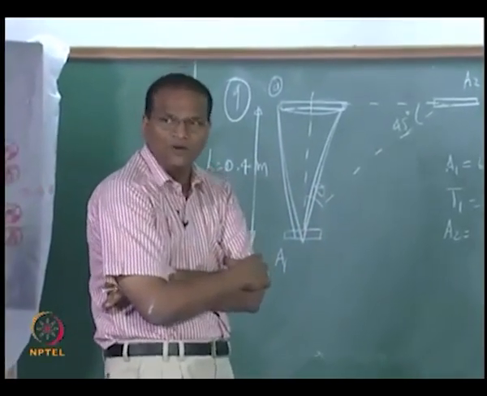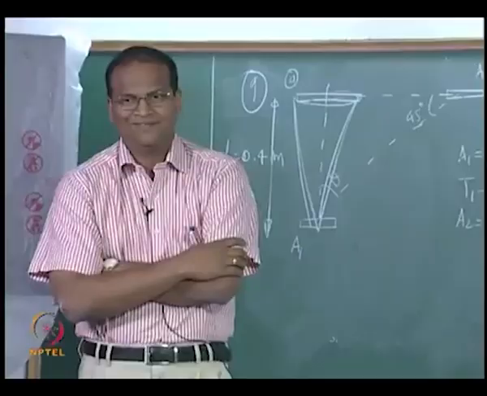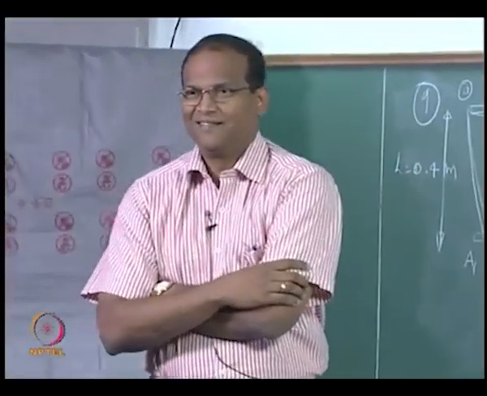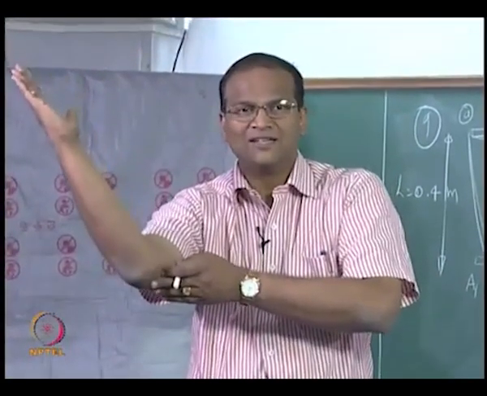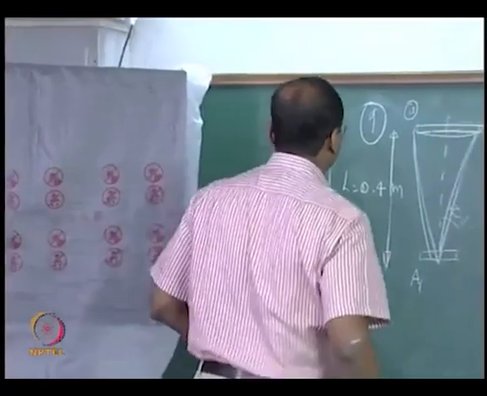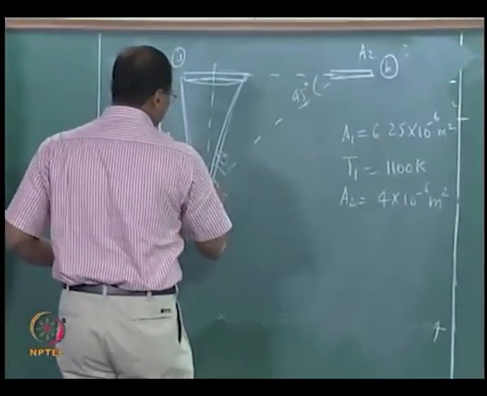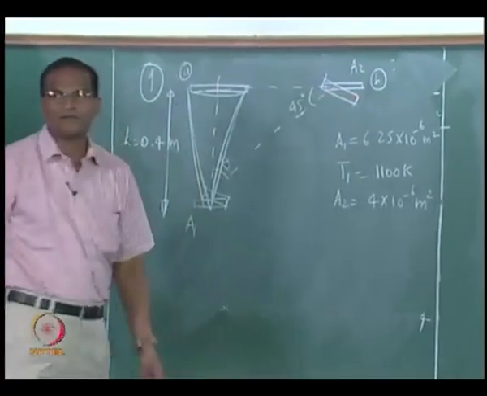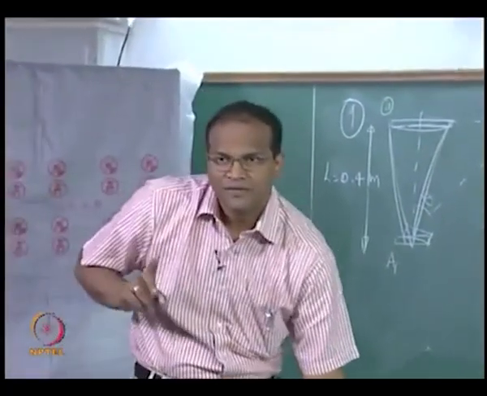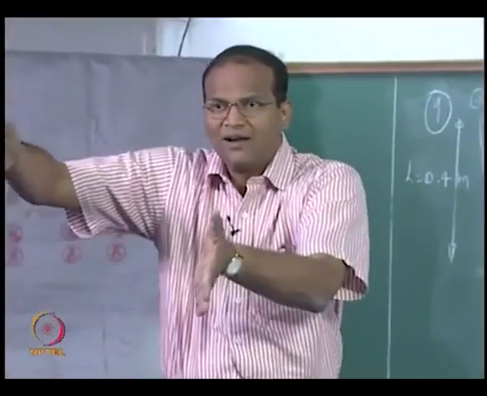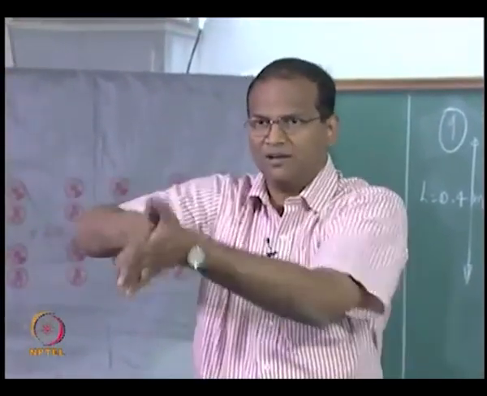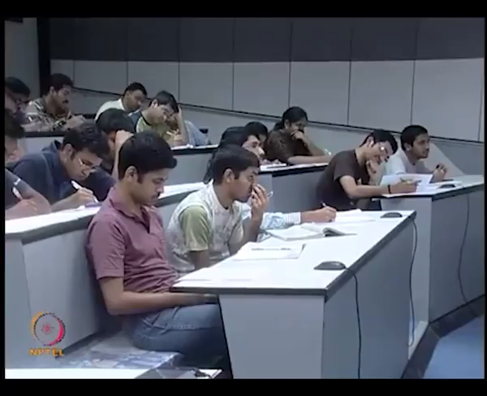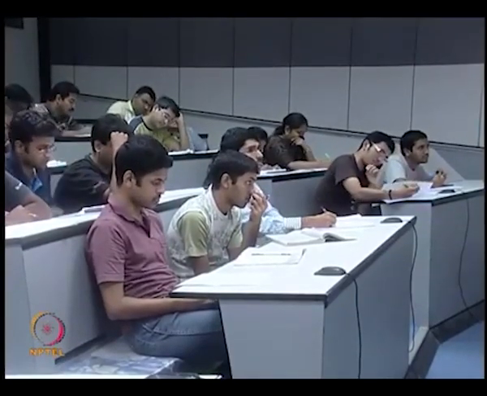A1 cos theta, A2 cos theta both will come, because the radius is like this, and A1 has to be aligned like this. Please remember, R means that you are talking about normal to that radius vector. Okay, now let us do this part B.